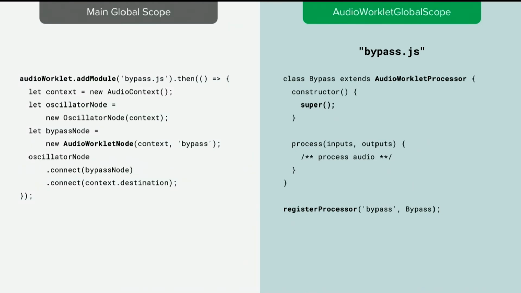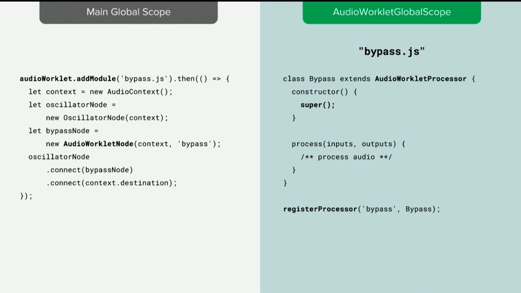audioWorklet.addModule is the first call you will make if you want to use AudioWorklet. This addModule function usually takes an argument of a path or URL, or you can even use a URL object. On the right side, you have a separate file called bypass.js.